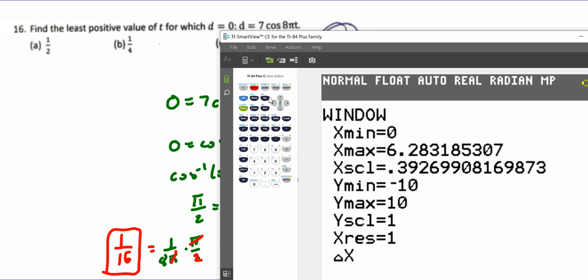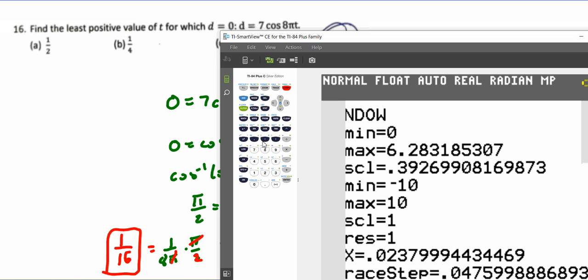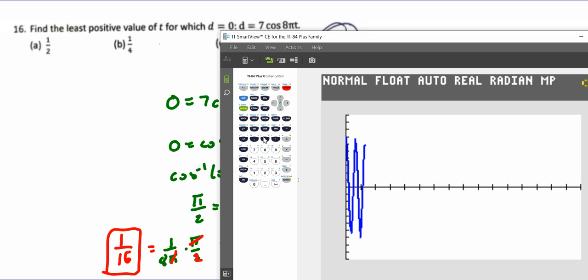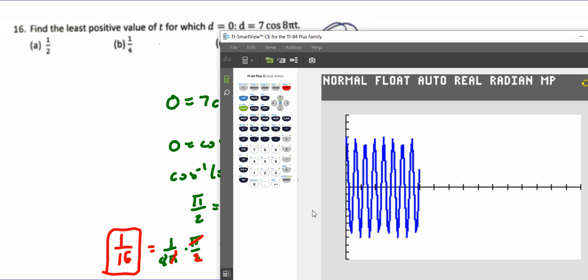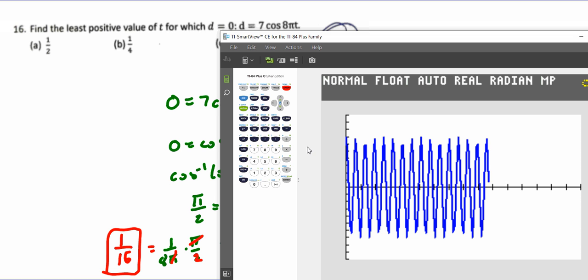Our window, once again, we'll just keep that right there, and we'll graph this, okay? And we see this now. We're looking for the 0, and our first 0 that we have here is going to be that. And it's going to constantly go, all these different values are going to go on and on.